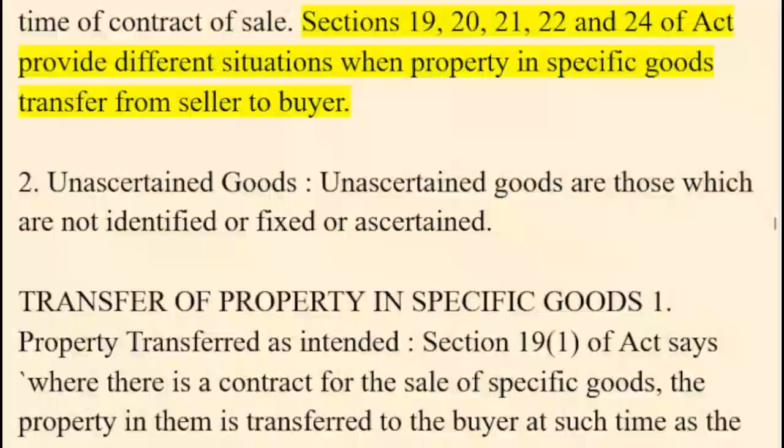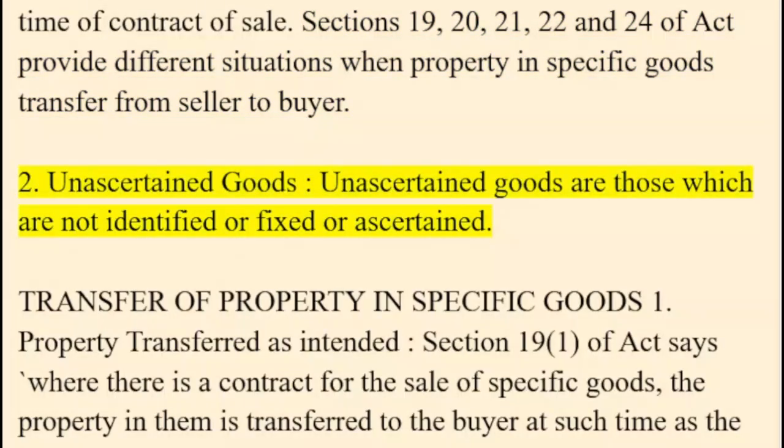Sections 19, 20, 21, 22 and 24 of the Act provide different situations when property in specific goods transfers from seller to buyer. 2. Unascertained goods. Unascertained goods are those which are not identified, affixed or ascertained.